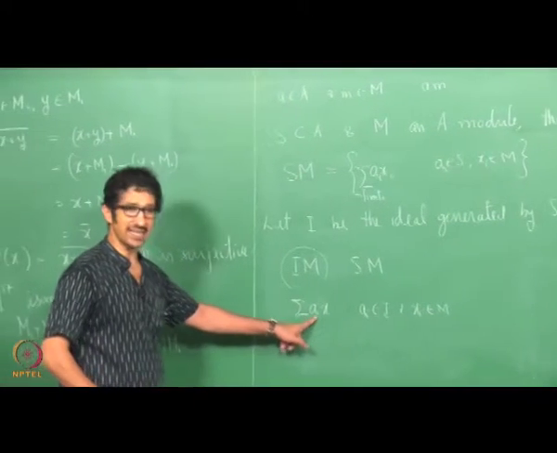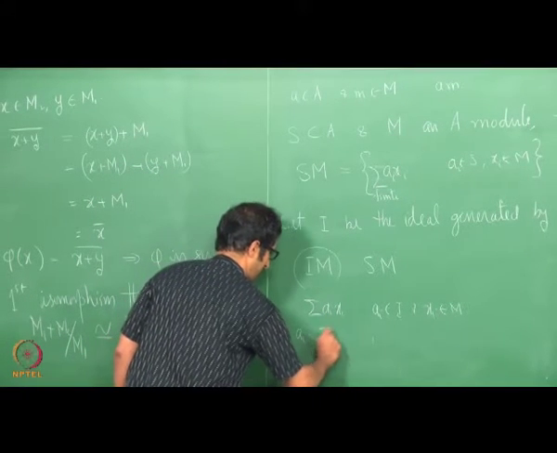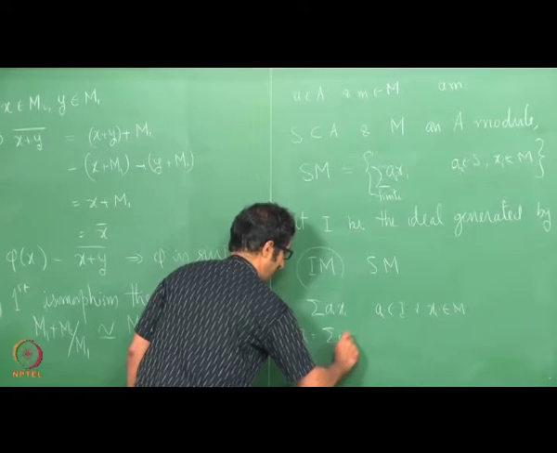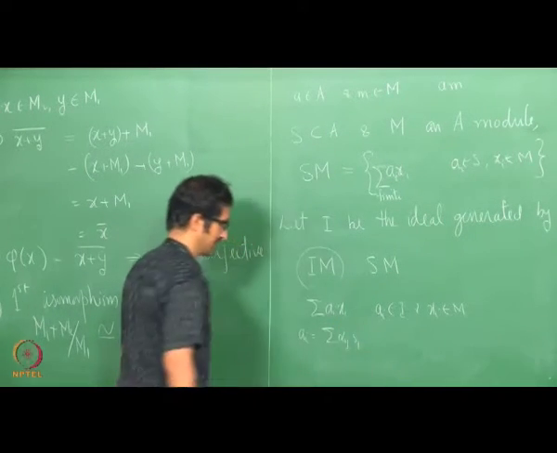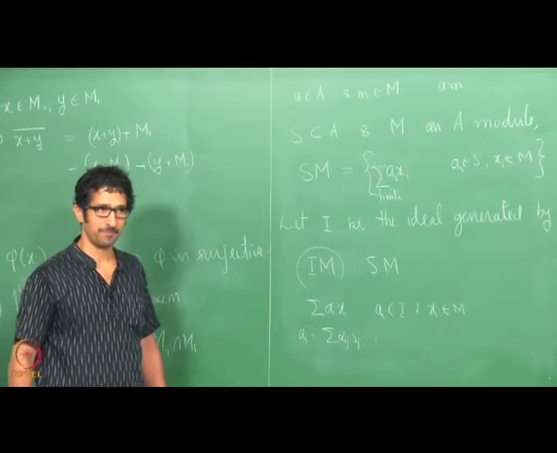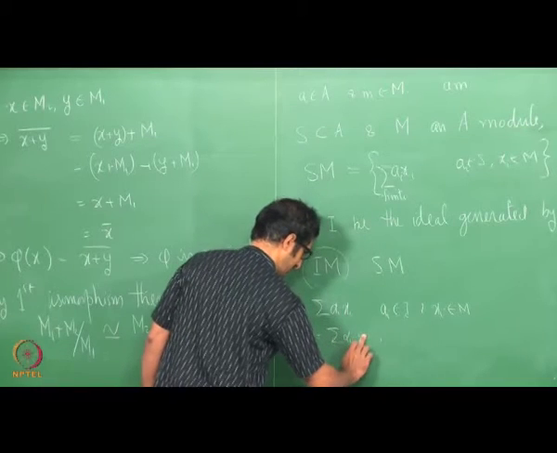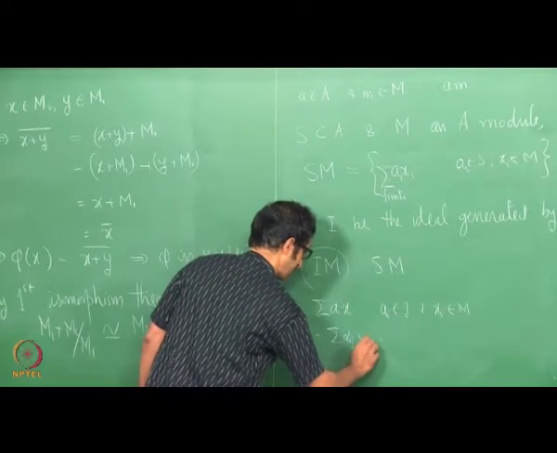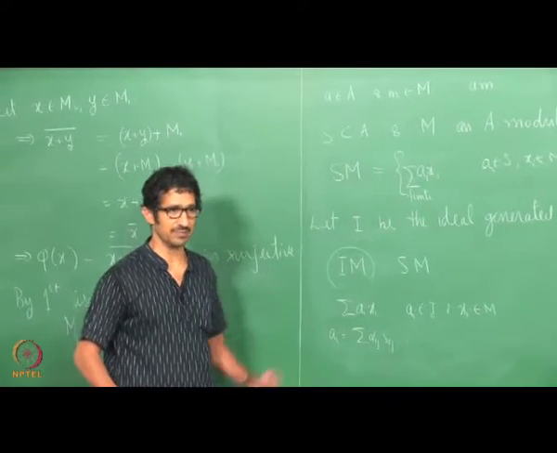Now, how does any a_i look like? Any a_i looks like summation, let us say alpha_ij s_j, some finite summation. Here also I should say s_ij, because for each i there could be different sets, different elements.